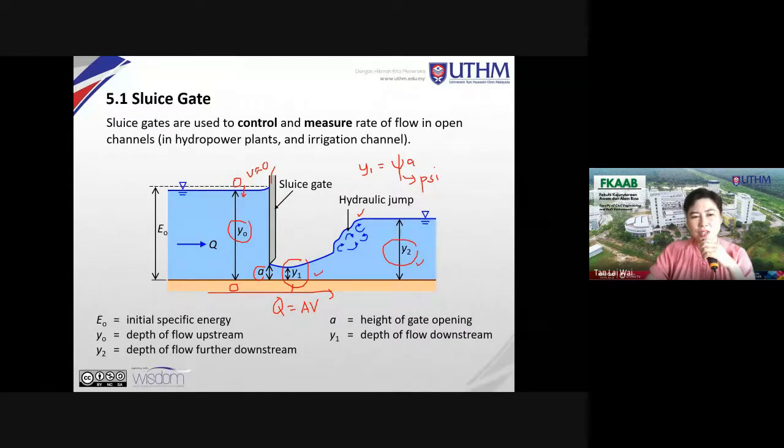The pressure at this location, atmospheric pressure, is 0 as well. As well as location 1, the hydrostatic pressure at the surface is zero as well. But you have maximum velocity at the vena contracta there.